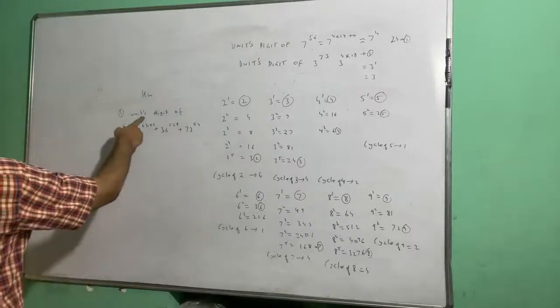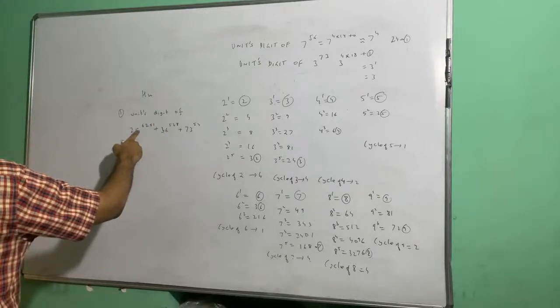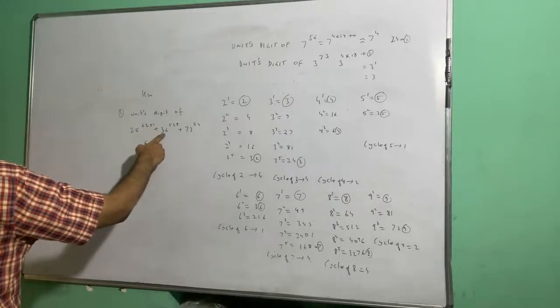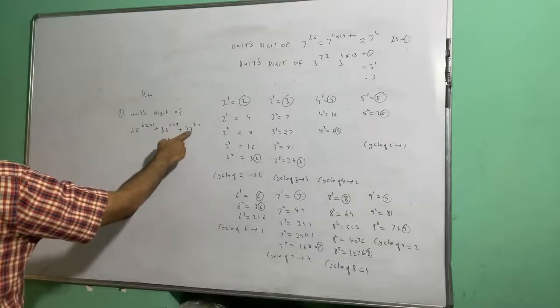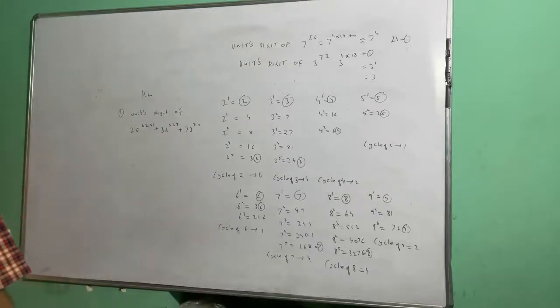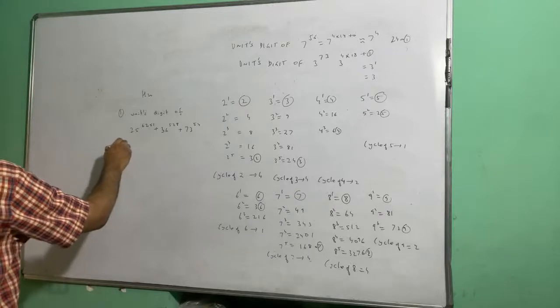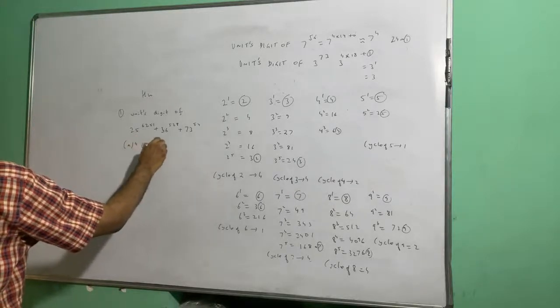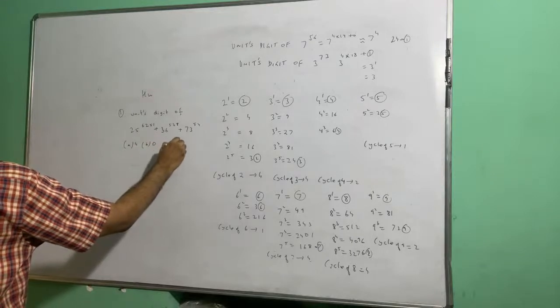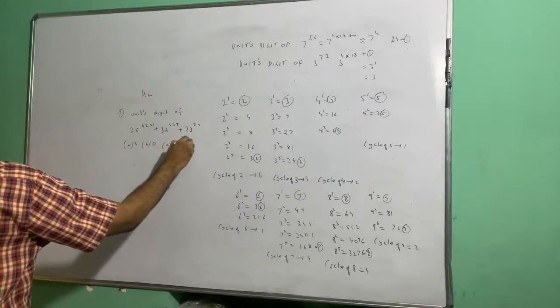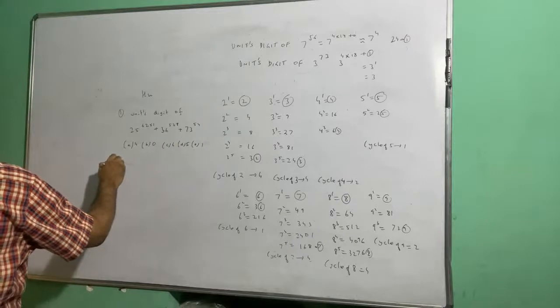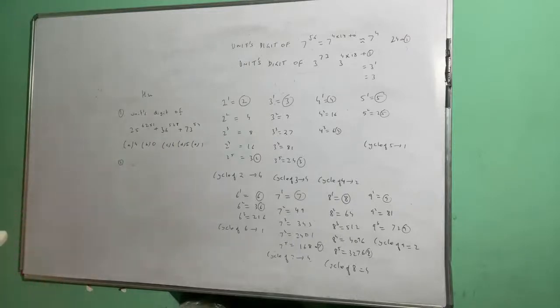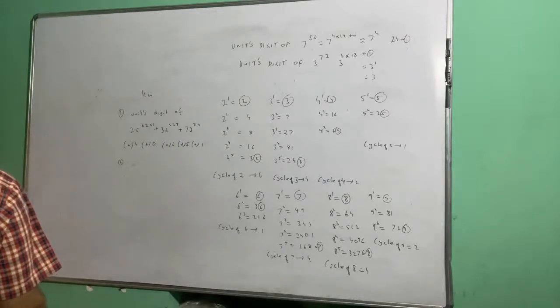The first homework question: find the units digit of 25 to the power 6251 plus 36 to the power 528 plus 73 to the power 54. These are the options.